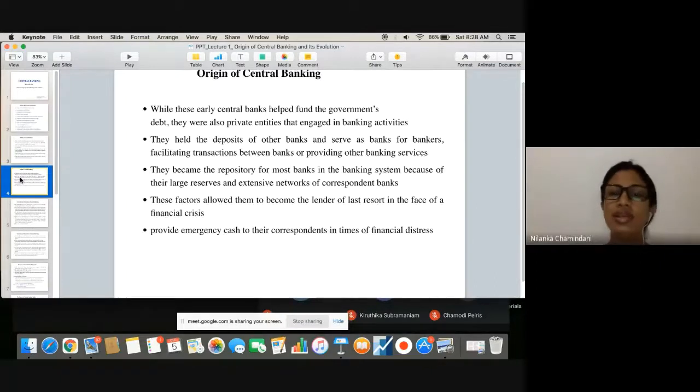Last resort, lender. It means that when there is a financial crisis, we know that banks are going to collapse sometimes, right? We can see that even today there are some incidents that we have seen. Sometimes a bank cannot meet its liquidity requirement, or may not be able to balance its assets and liabilities. In that case, they are not in a position to meet their responsibilities to their customers because of the lack of funds.